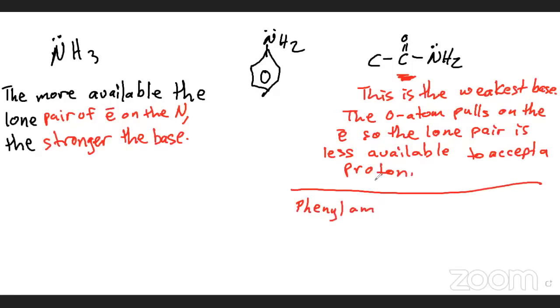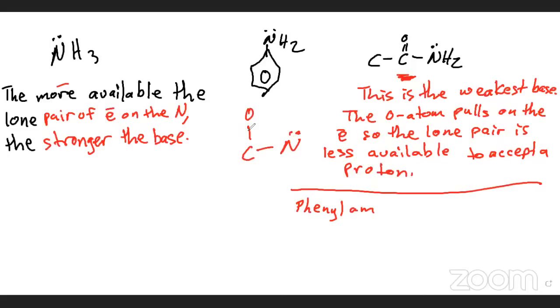Phenylamine, right? So basically, the oxygen atom here, right? So you have oxygen, carbon, nitrogen, and the lone pair.